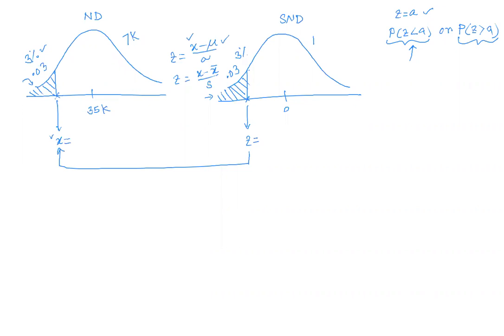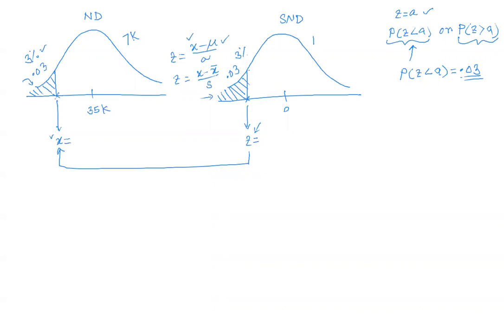Now, how does it relate to the z-score? What is the z-score associated with an area of 0.03? In essence, we are looking for the z such that the probability that z is less than some value a is 0.03.